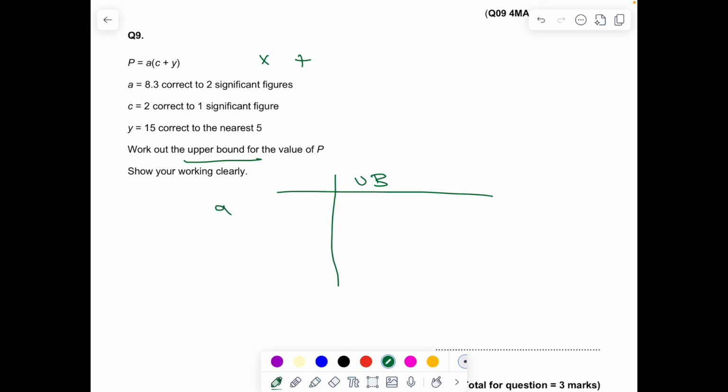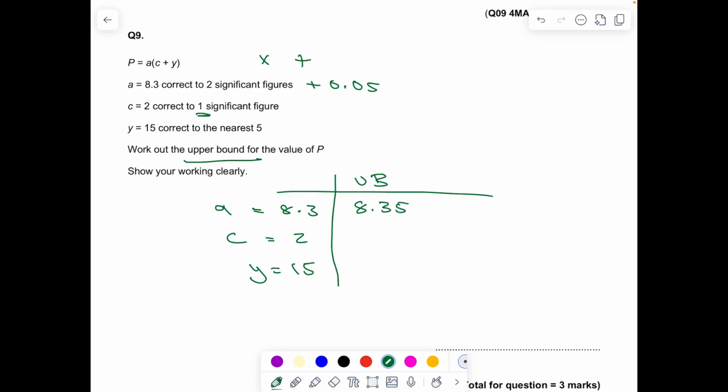So A is 8.3, C is 2, and Y is 15. So A is 8.3, which is correct to one decimal place, so the upper bound must be plus 0.05, because half of 0.1 is 0.05. So upper bound is 8.35.